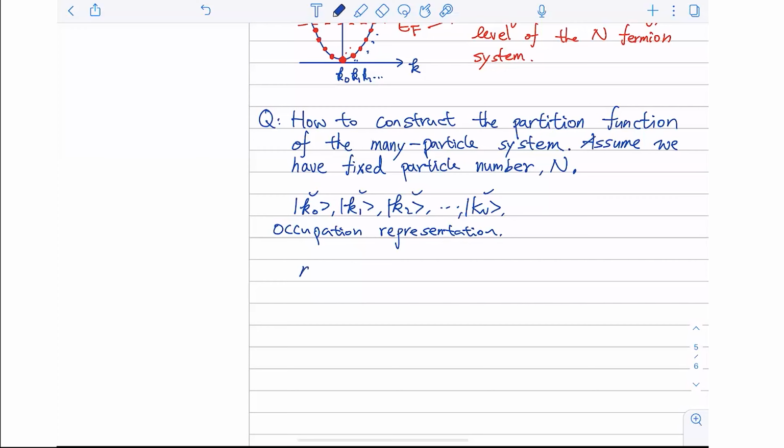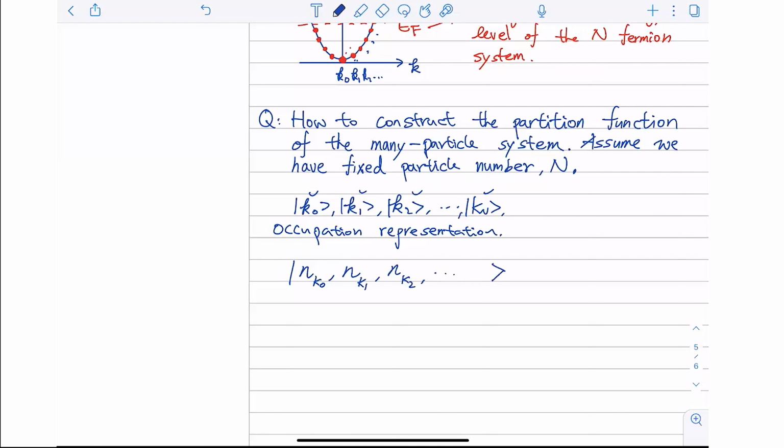So we have n_{k_0}, which represents the number of particles sitting at momentum k_0. And we can also ask how many particles are sitting at momentum k_1, and how many particles are sitting at momentum k_2, etc.